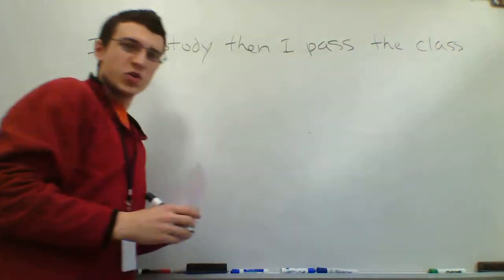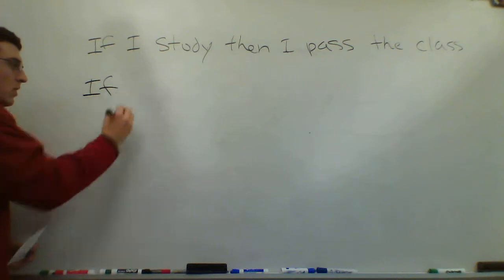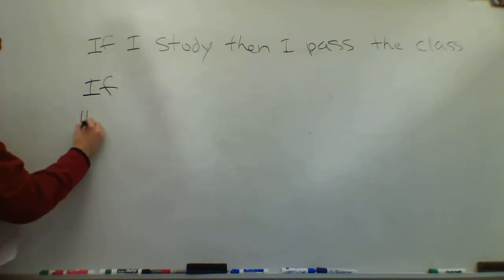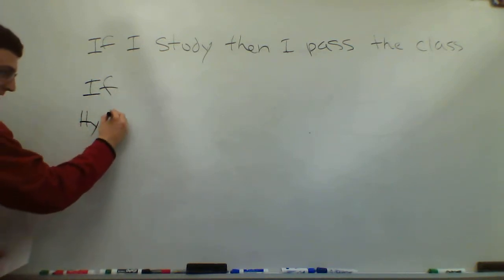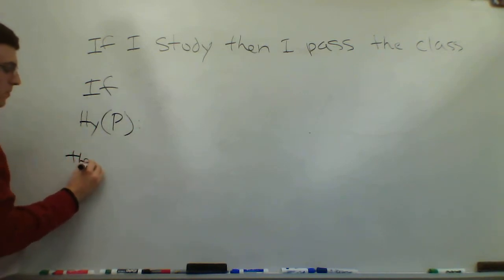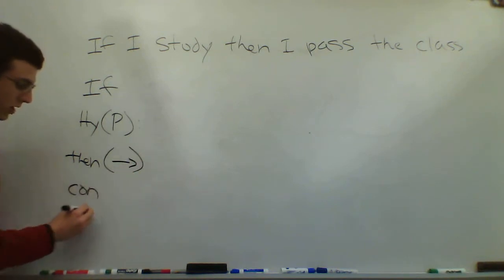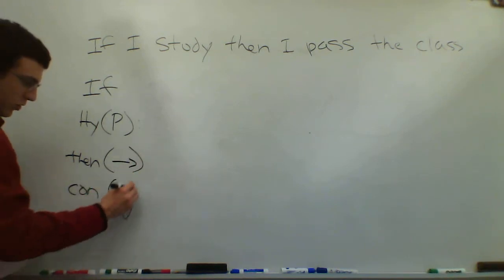All right? So we know we have our four parts to this. We have our if. We have our hypothesis, or P. We have our then, or arrow. And we have our conclusion, or Q.